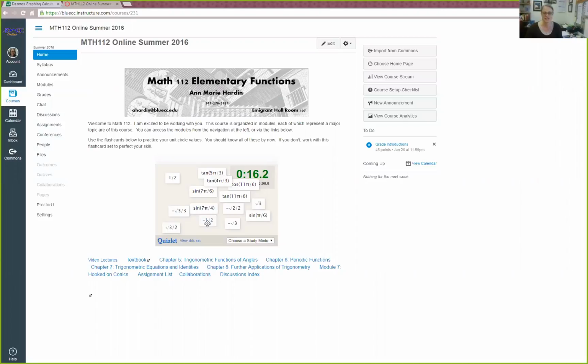The tangent of 5 pi over 3 is going to be negative root 3. And you can drag them apart. And when you get all done, it will give you your time.